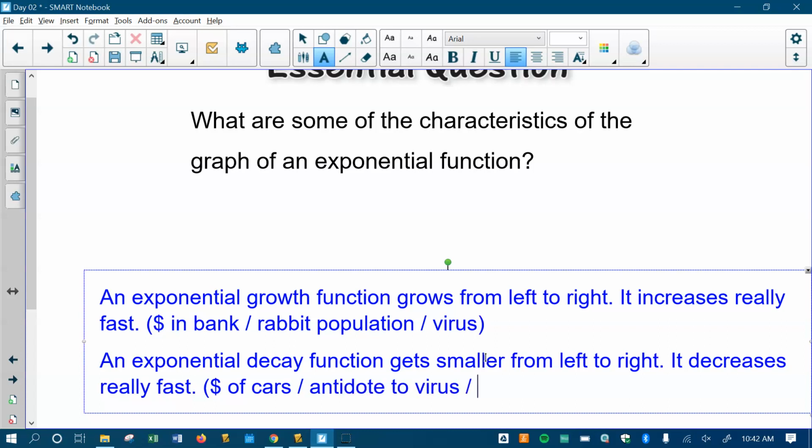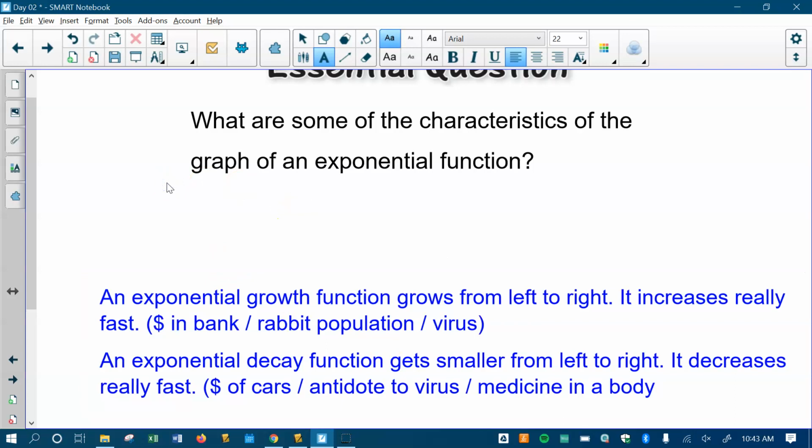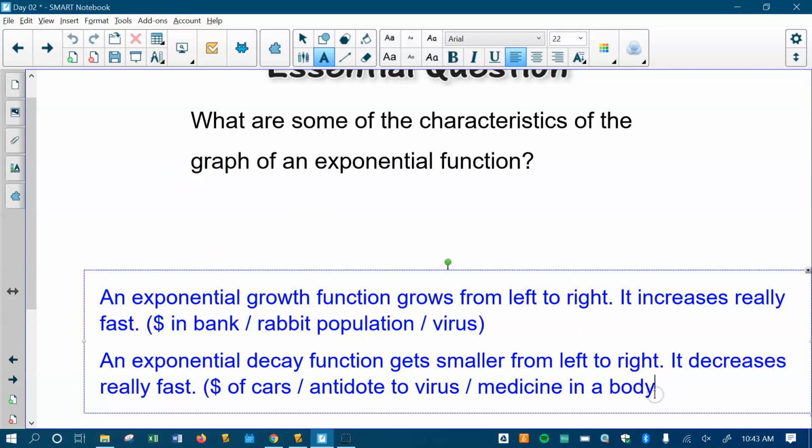Once we start inoculating some of the people that got the virus, the population that's infected actually decreases pretty quickly. Medicine in a body is another one. When you take some Tylenol, it stays in your body and then decreases over time, still always a little bit of a trace of it. So those are some examples of exponential growth and decay.